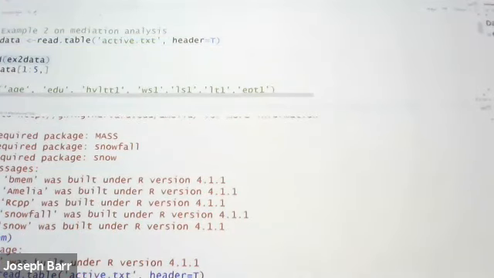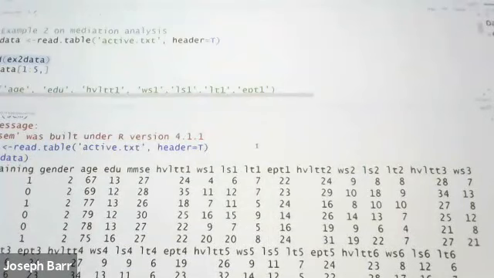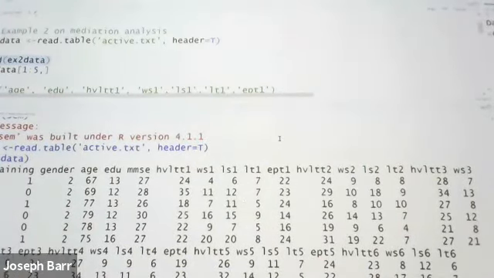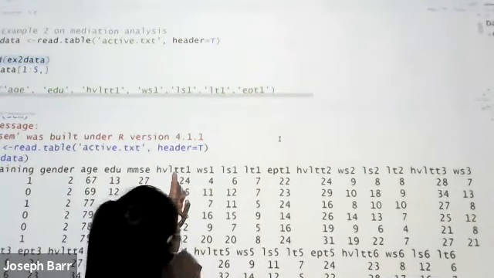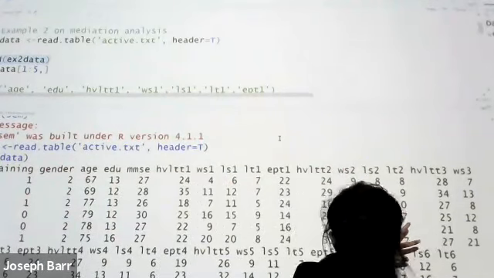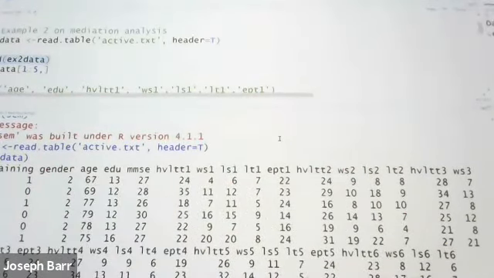We can check the original data set. You can see that this is a huge data set. We have so many variables: group, training, gender, age, ETU, HBLTT 1, 2, 3, 4, 5, 6. Six waves. So we are going to use the first wave of the data.